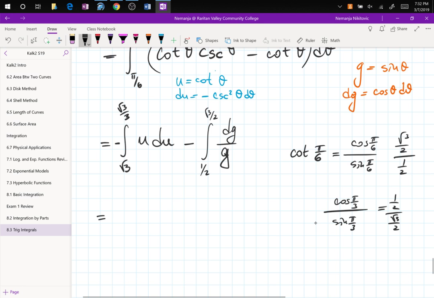So when you integrate this, it's going to be u squared over 2, computed from root 3 over 3 on the bottom and root 3 on the top, because I killed this negative. I switched the limits. Minus ln of g, computed from 1/2 to root 3 over 2.